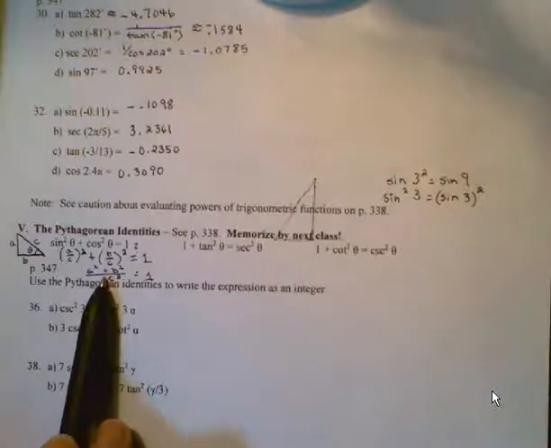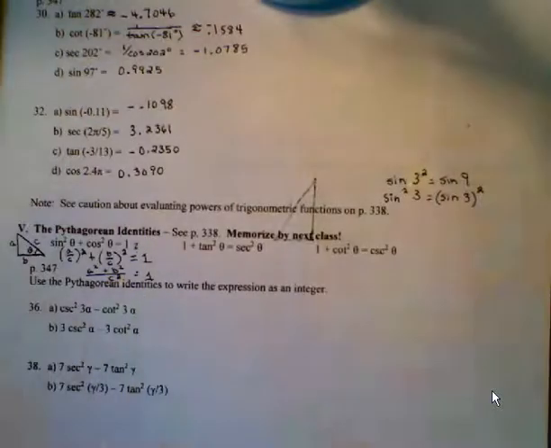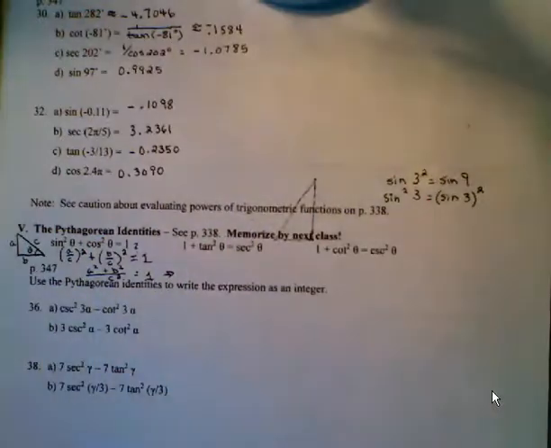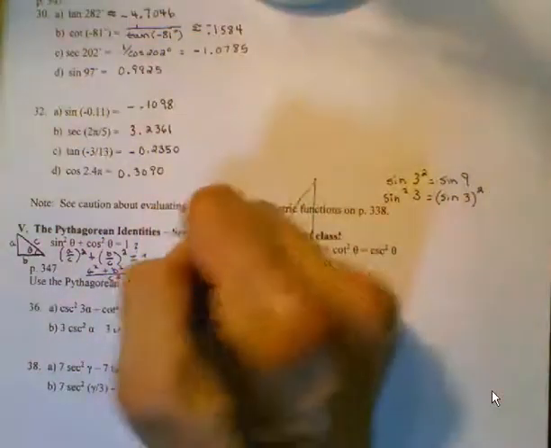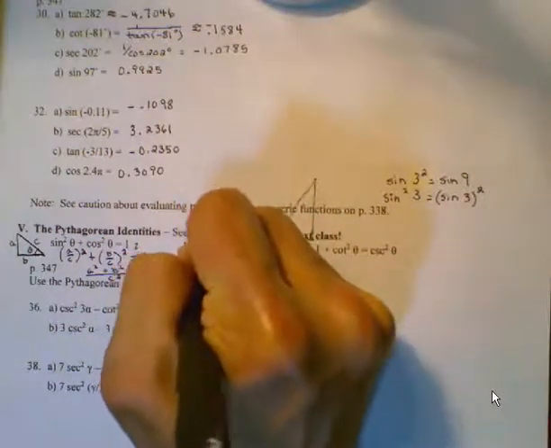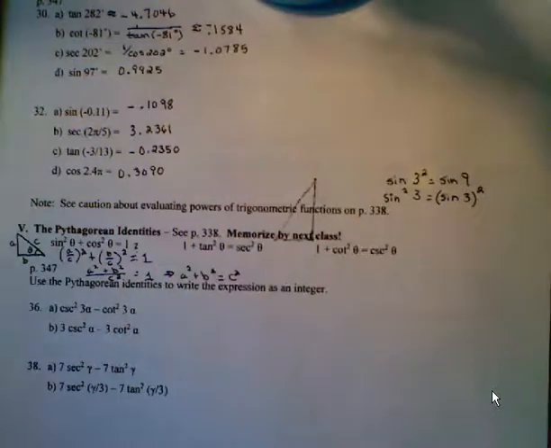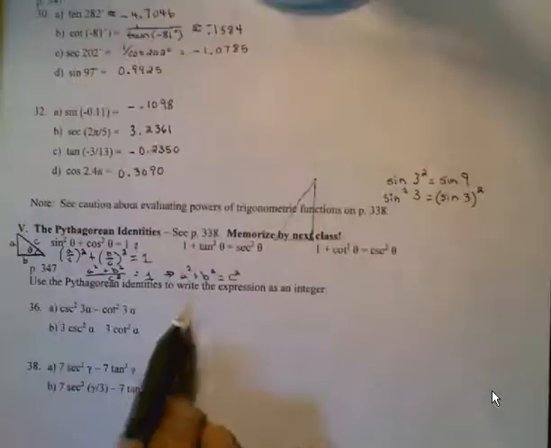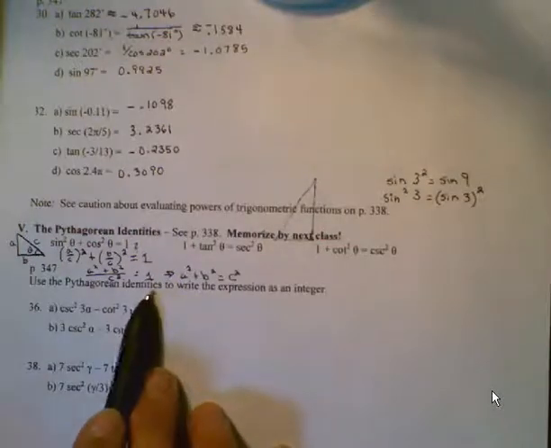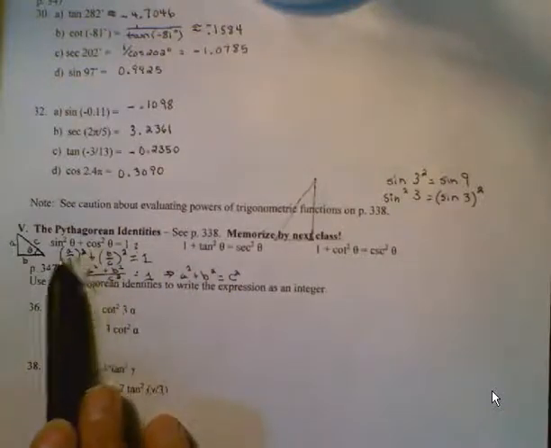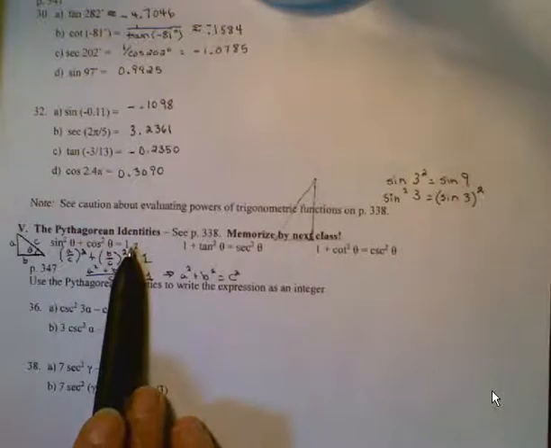A squared plus b squared over c squared equals 1. Guess what you have if you multiply both sides by c squared? You just have the Pythagorean theorem, and you already know that that's true. So that's a very rough proof of why sine squared plus cosine squared equals 1.